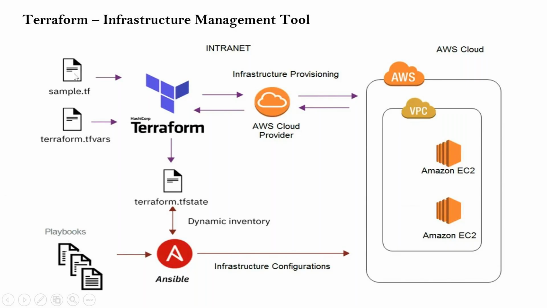When we execute, the Terraform tool will go through this script and perform the tasks. What tasks will it do? It will create the infrastructure, whatever you have mentioned in this file. Similarly, for another project there will be another file, and you again run the Terraform tool and it will use that other file.